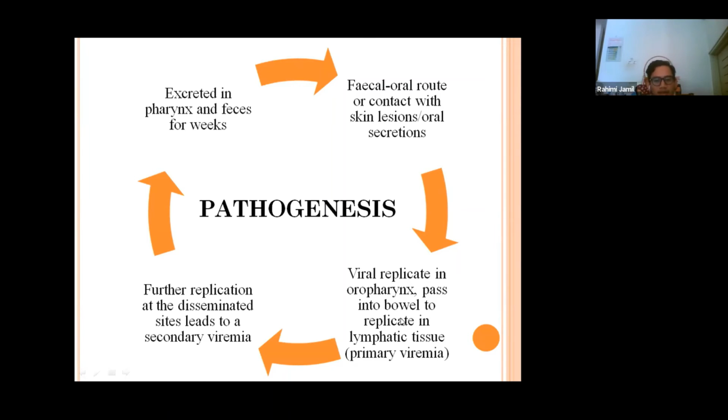If ongoing, further replication and dissemination at that site will lead to a secondary viremia, which disseminates to other organs such as the heart, lungs, lymph nodes, and brain. The virus will then be excreted in the pharynx and feces for weeks, and the cycle continues.